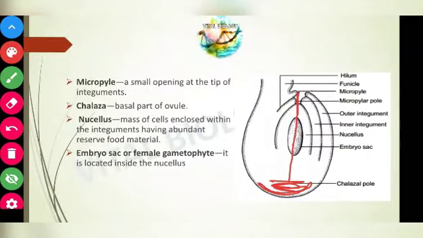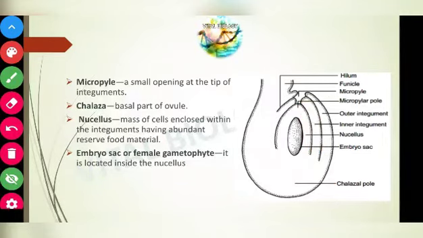The next part is the nucellus. The nucellus is a mass of cells enclosed within the integument, having abundant reserve food material. It is a mass of many cells enclosed within the integument. You can observe here, the integument is here, and after the integument there is the nucellus.